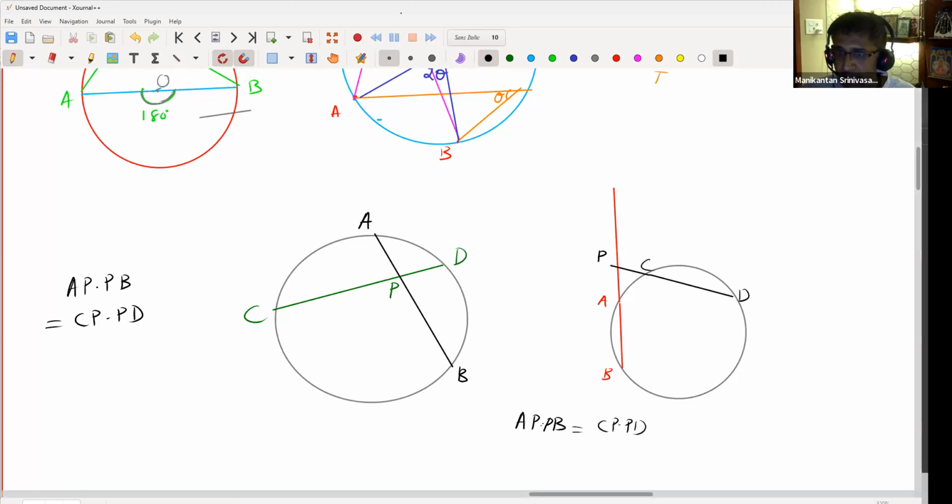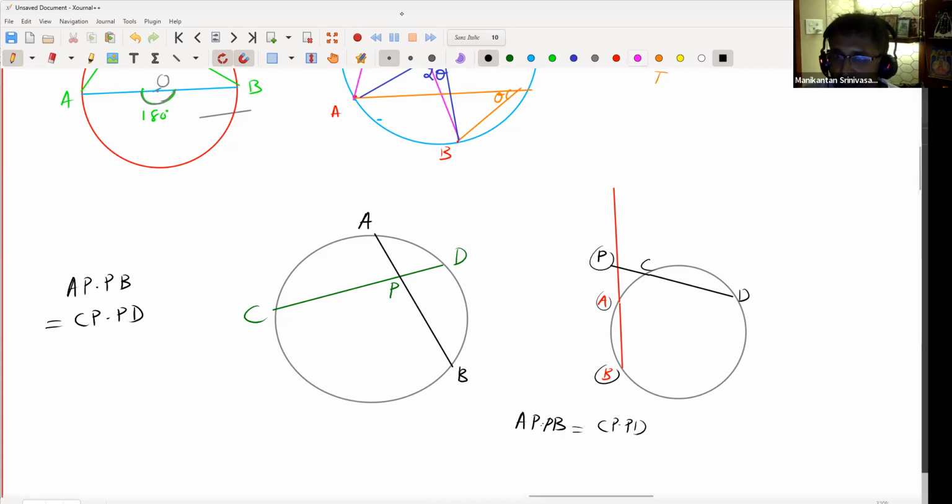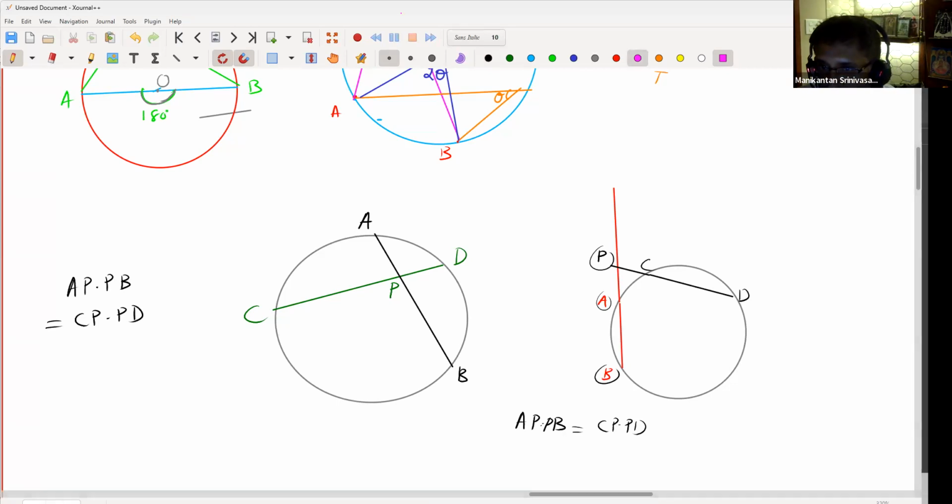It's tempting to write PA into AP. No, you have to go from B till the meeting point, and from there you have to come to A, or PB into AP, or AP into PB, whatever way, and CP into PD. So you have to go to the meeting point, and then from there go to the other end of the chord.